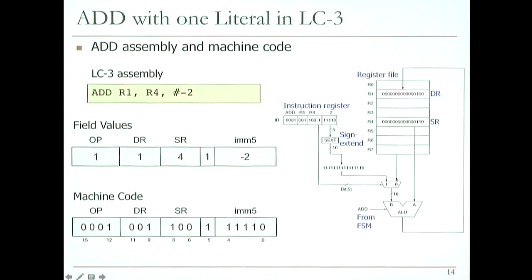There is something interesting to observe here: we have this single bit that you can see here, that is controlling this multiplexer that chooses between the literal, the immediate operand in the instruction, or potentially a second source register. You will see this later again, but this is the main difference between the addition that uses 2 register operands and the addition that uses 1 register operand and 1 literal.